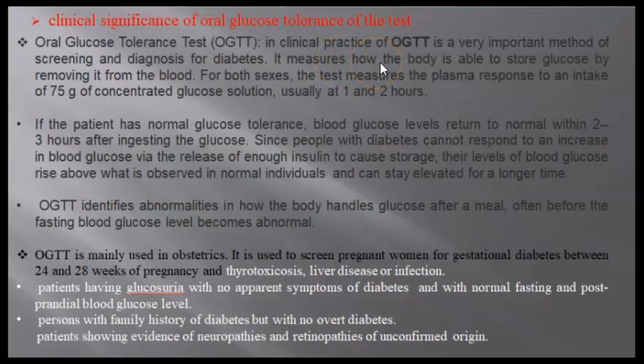To further explain that, it also helps to measure how well the body is able to store glucose by removing it from the blood. It will check that a major amount of glucose, for instance the 75 gram glucola, glucose drink or glucose powder given to the patient, is allowed to move into the bloodstream.